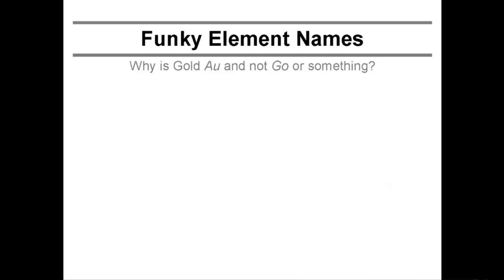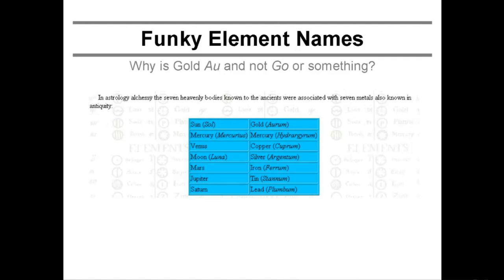A little bit about element names. There are some really interesting namings of elements. You may ask, why is gold Au and not Go or something? First of all, it has to do with ancient history and ancient alchemy. A lot of these elements that were known throughout antiquity, like gold, borrow their names and their equivalent from planetary science and alchemy at this time, and it's usually their Latin names.